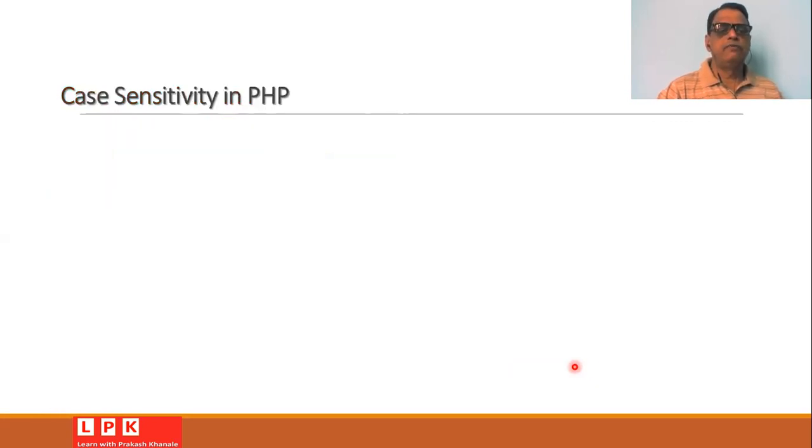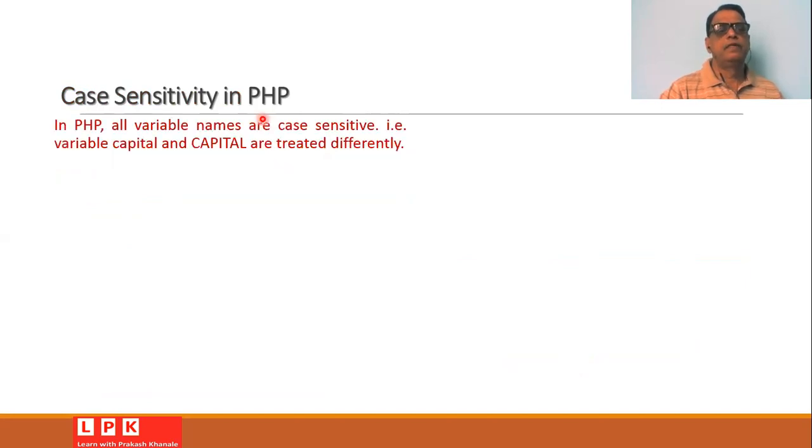Now let us understand what we mean by case sensitivity in PHP. In PHP, we can make use of different variables. As far as variable names are concerned, PHP is case sensitive. That is, a variable written in capital letters and a variable written in small letters are treated differently.